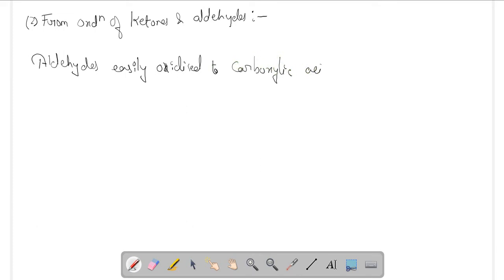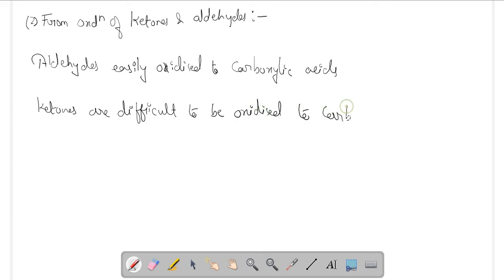Okay, they can be easily oxidized to carboxylic acid, while ketones are difficult to be oxidized to carboxylic acid. The reason is the presence of more plus I effect here.